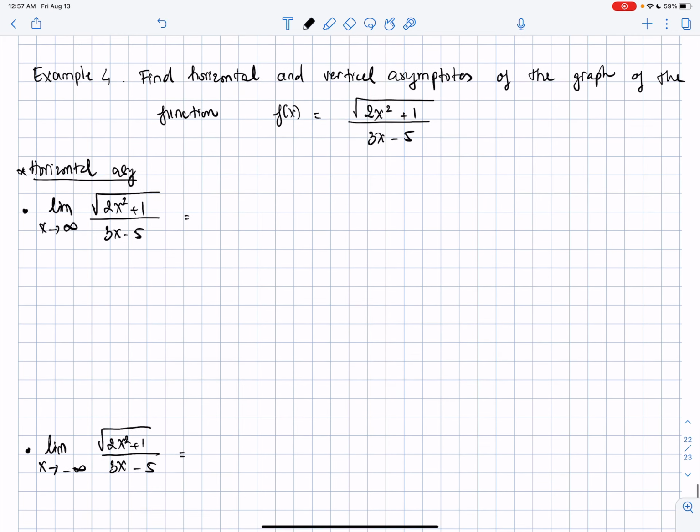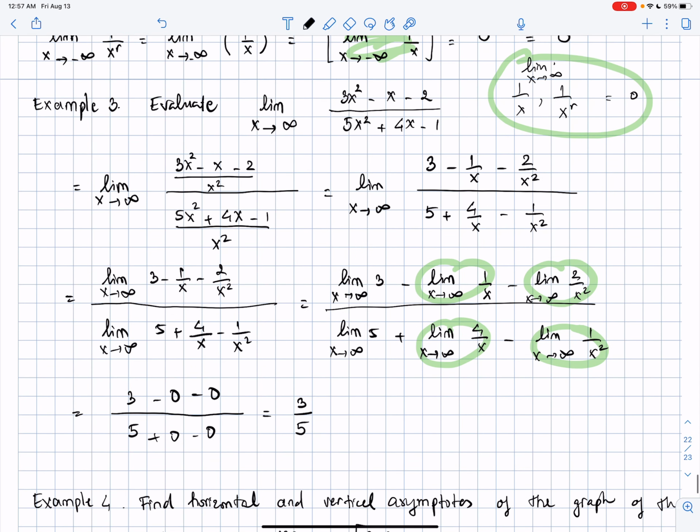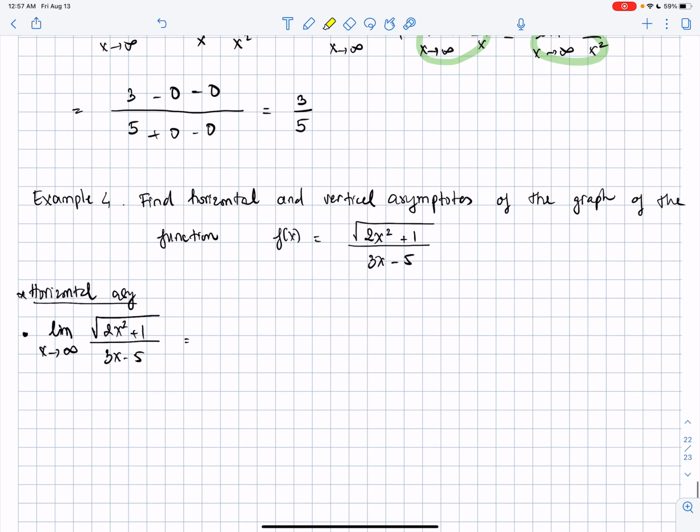Now the trick is, let's go back to the last problem. You can see that the exponent on the top is x squared, the bottom is x squared, so we divide by x squared. So you're looking for the highest exponent. Go back to our function. The exponent that we have is x to the 1.